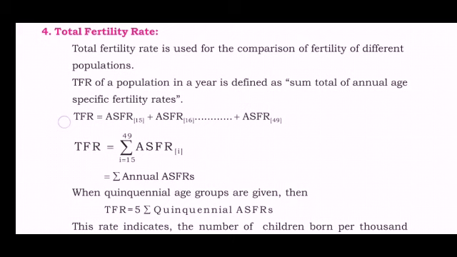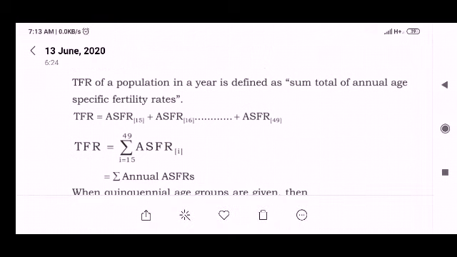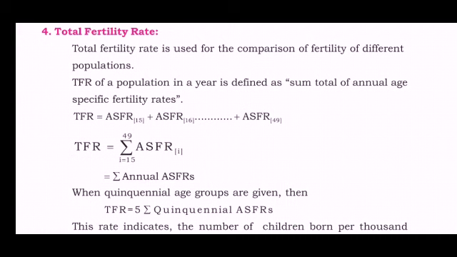Total fertility rate is defined as the sum total of annual age specific fertility rates. What is age specific fertility? That is ASFR. The definition indicates we calculate ASFR for each age, from 15 years to 49 years, and we add them all.